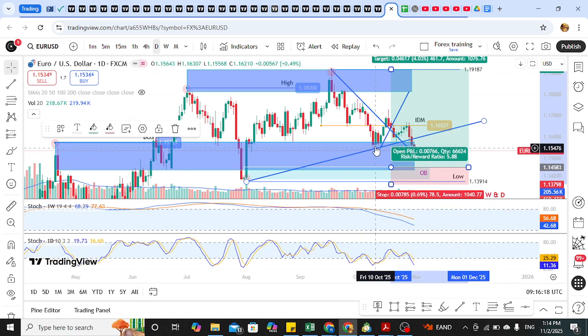Or of course, it just keeps on going down without anything. It does not recognize the POI. So it's one of four scenarios where the price hits this POI and goes and takes the profit. So that's one in four.